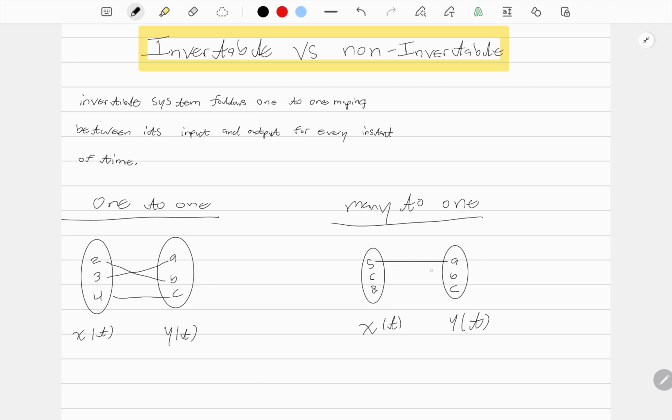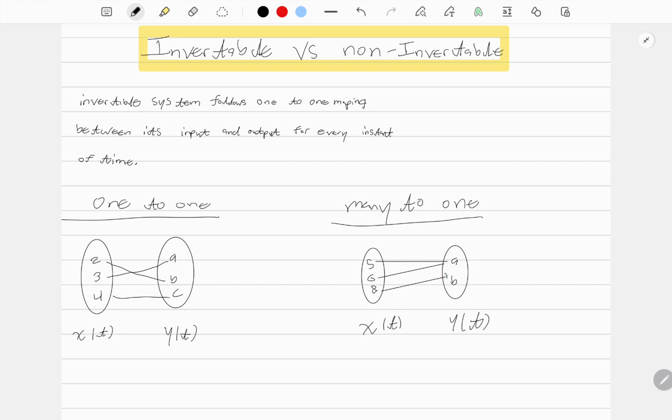Maybe 5 will give you an output of A, and 6 will also give you an output of A, and 8 gives you an output of B, and let's just say there's no C, only B for this example.